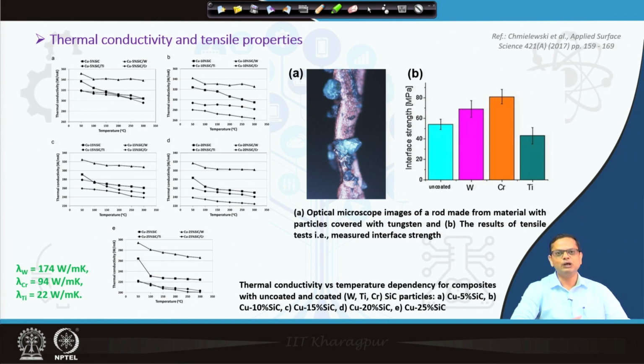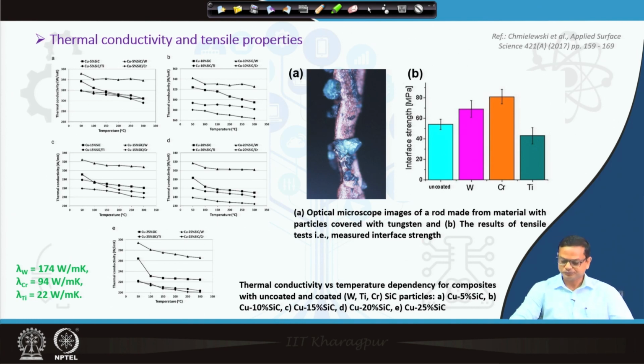The idea was to make a thin film, an elemental thin film, on the surface of SiC particles, to improve wettability and to restrict the interdissolution, the intersolubility of copper and silicon. Okay. And tungsten is most efficient in this case.